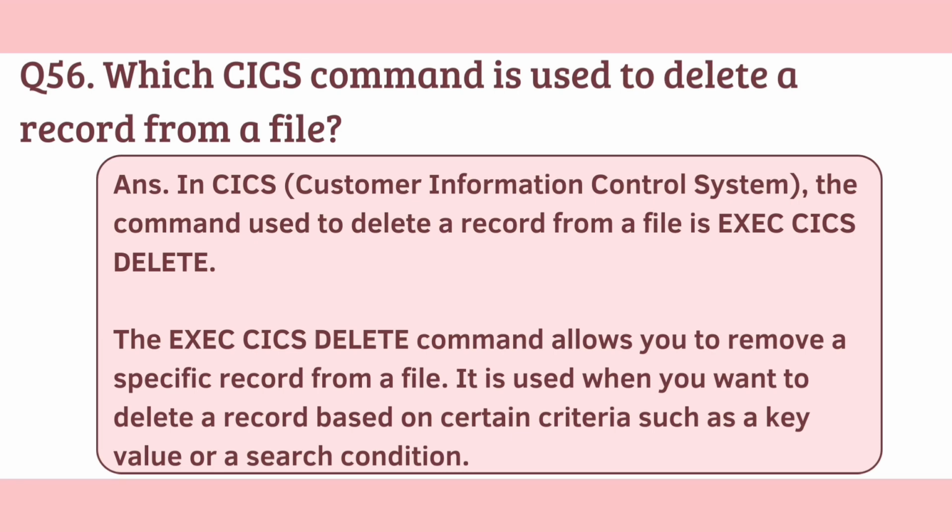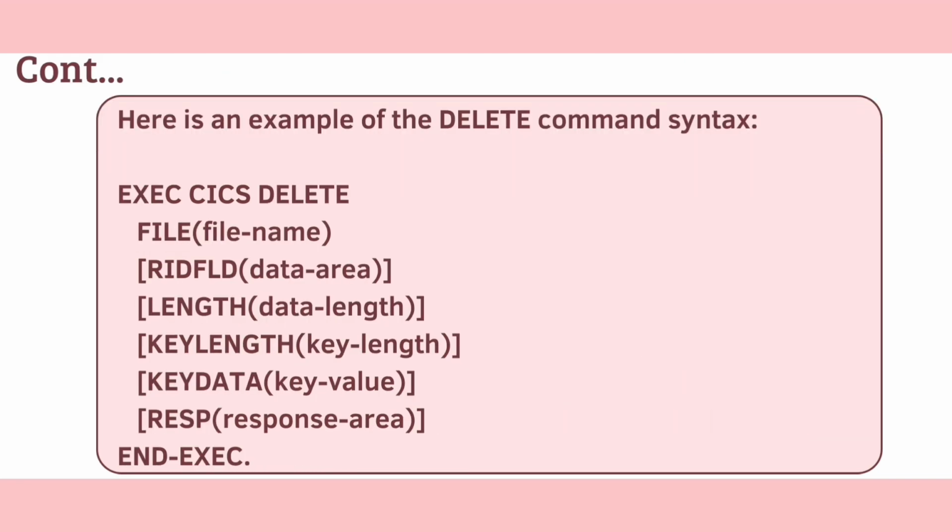It is used when you want to delete a record based on certain criteria such as a key value or a search condition. Here I have given an example of the delete command syntax. It's worth noting that the delete command operates at the record level and removes the specific record identified by the key value or other criteria. It does not delete the entire file or any other records in the file.